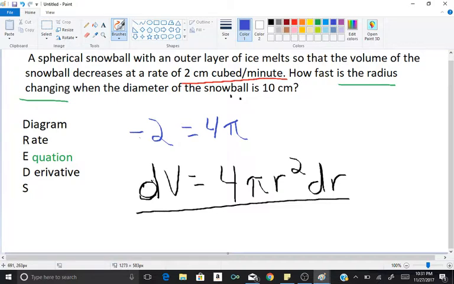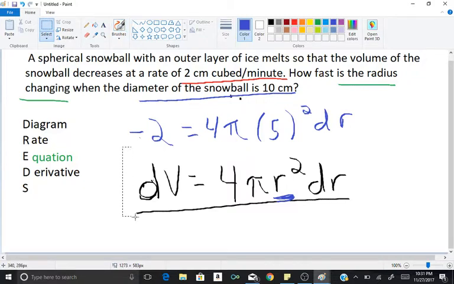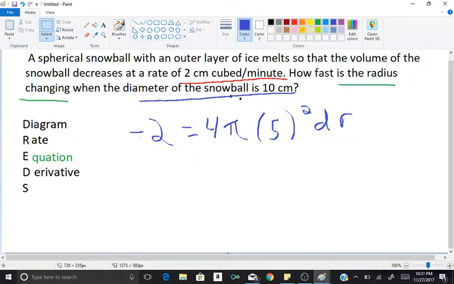According to the second step where we named the rate, I know I'm looking for dr, so I'm not going to be able to substitute for that. So I somehow have to substitute in for this r here. It never explicitly told me what the radius was, but it did say that the diameter of the snowball is 10 centimeters, and that means that the radius is 5. 5 squared, dr. And once we've substituted, we can solve. 5 squared is 25, and 25 times 4 is 100.